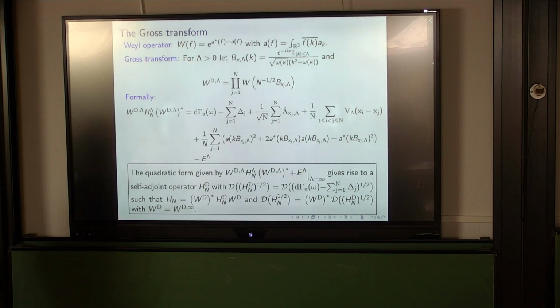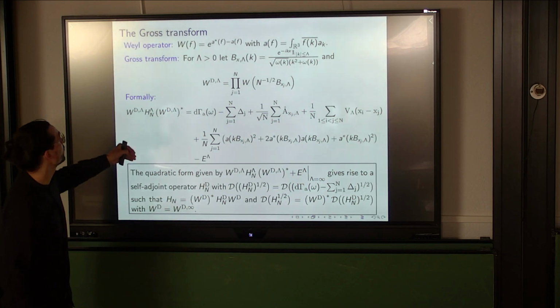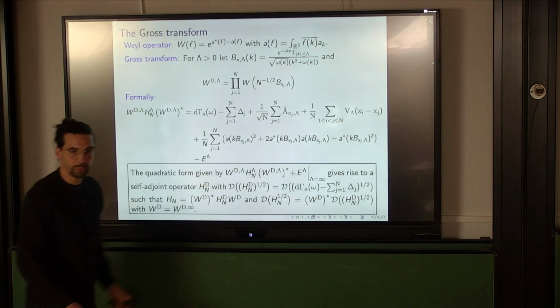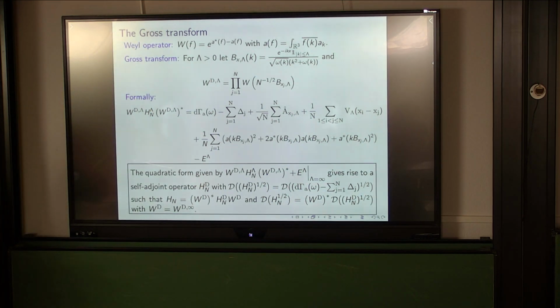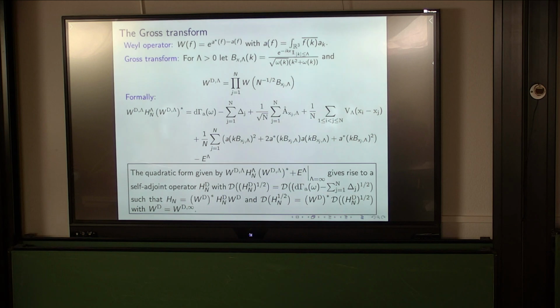Then one can cross-transform back this operator with the cross-transform with cutoff parameter at infinity, and one also obtains a representation of this renormalized Nelson Hamiltonian, and this is the representation I will use in this talk and which we also use in our work.